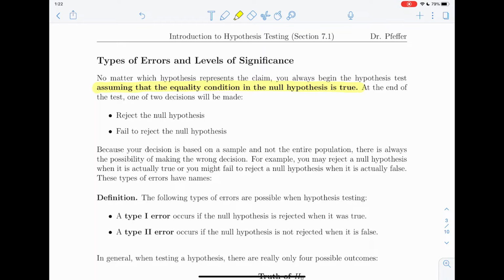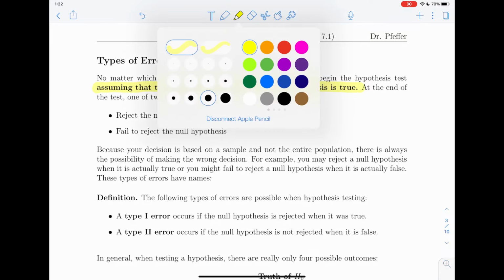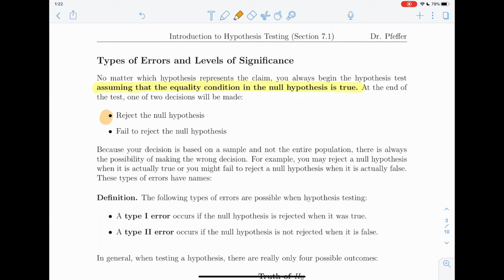And then once we run through our mathematical statistics, we get to do one of two things. Either we reject the null hypothesis, or we fail to reject the null hypothesis. Note that there are a lot of subtleties going on here.